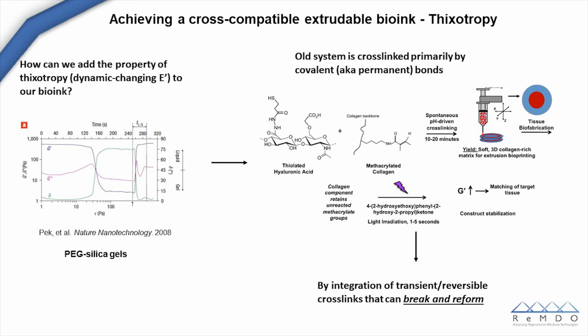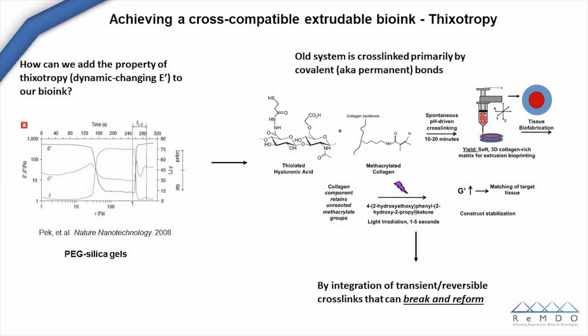And essentially this property is where a material, when it's placed under stress, fails, which allows it to then be bioprinted. And then when that stress is removed, which is shown in this shear stress test here, the material then can retain a three-dimensional structure.